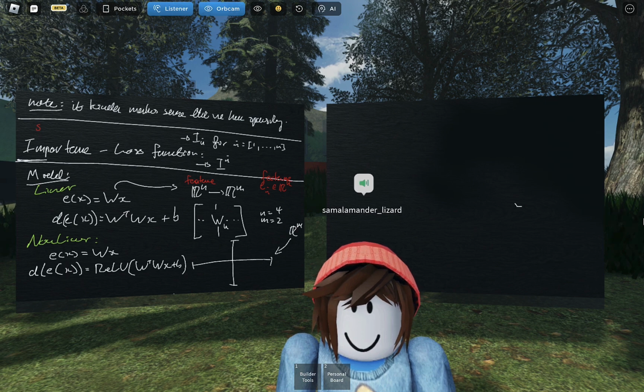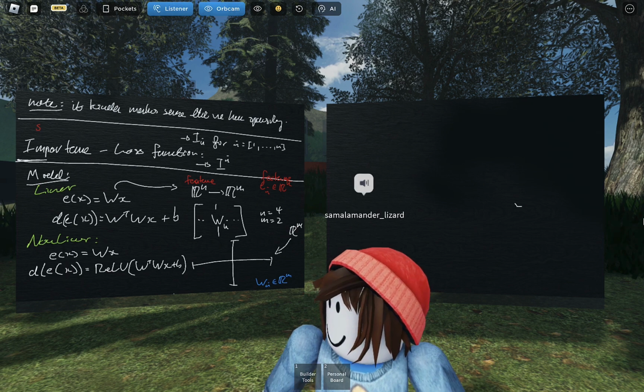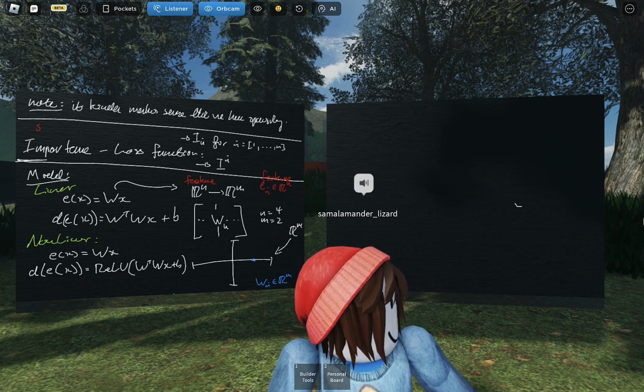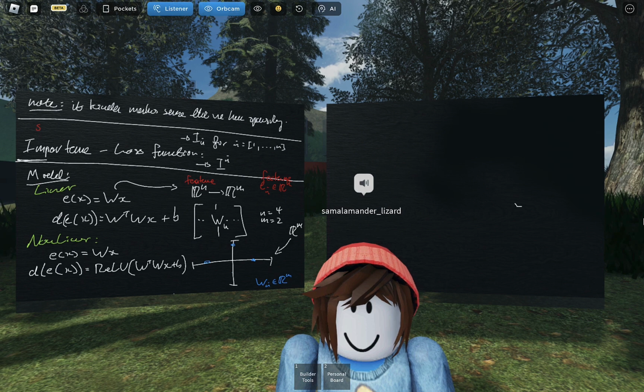Every column of W is a vector in Rm. Is that right? Yes, that's right. So we might get something like this.